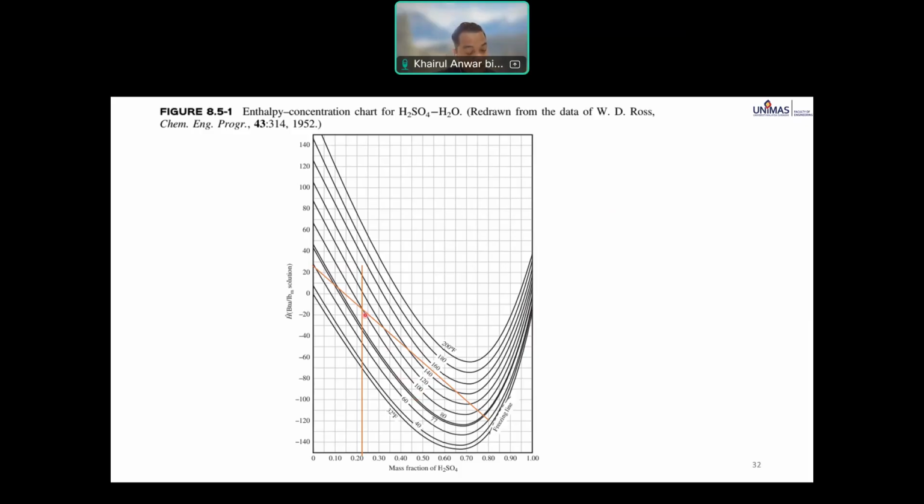Number 2, the line between x equal to 0. This is for the second question: what is the maximum attainable solution temperature, and how much water must be added to achieve it?